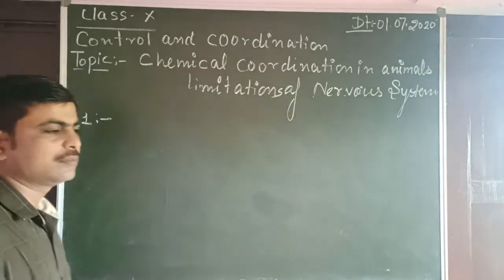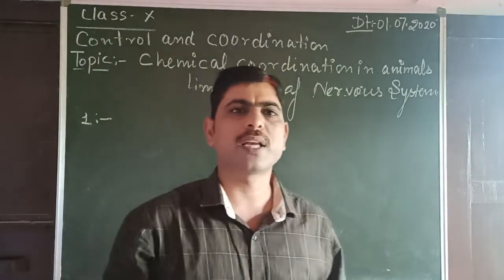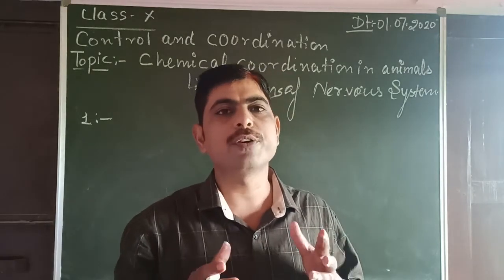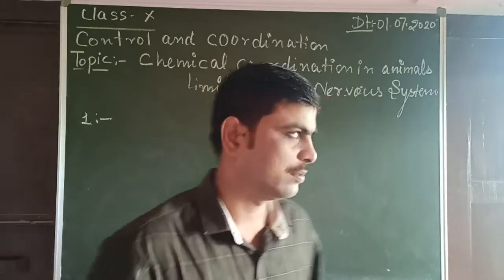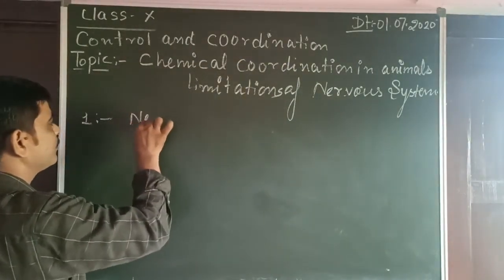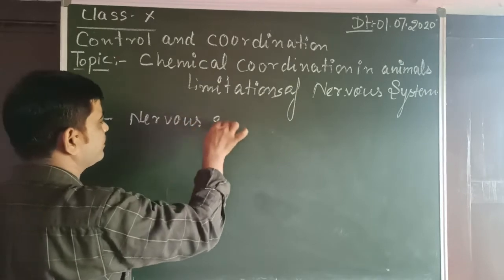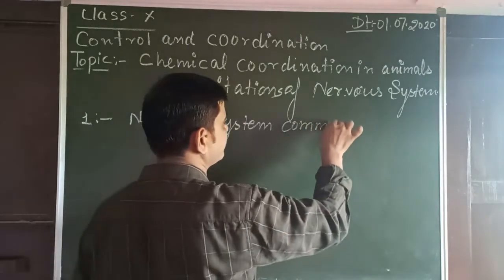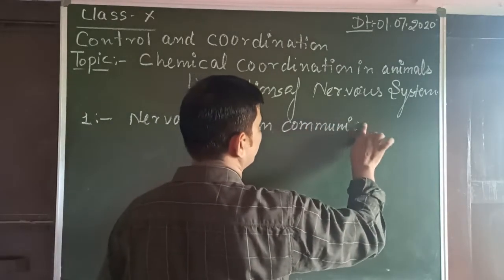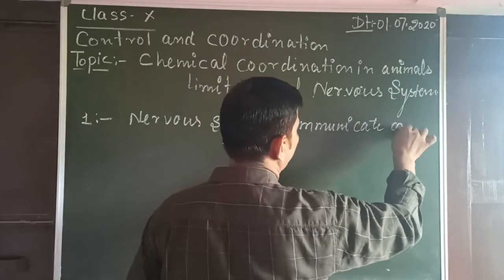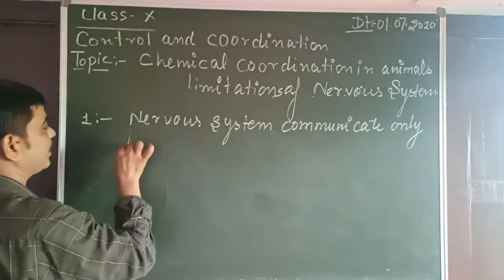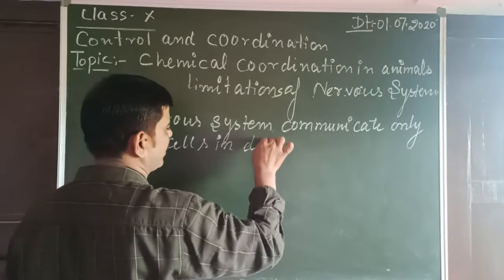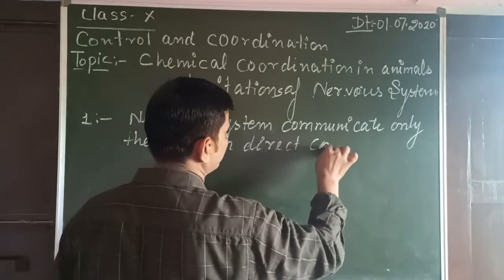The first limitation is that the nervous system can communicate only to those cells which are in direct contact with it.